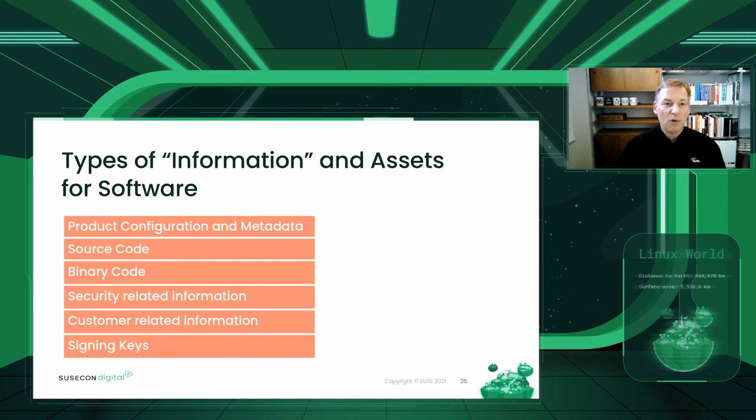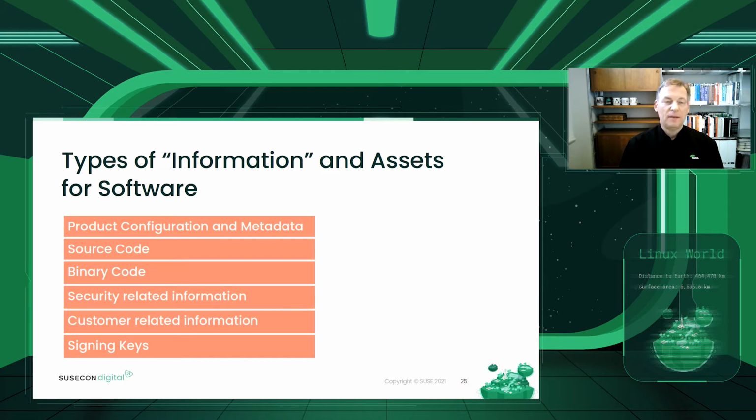However, there is more information and assets associated, like, for example, security-related information. So this can be vulnerabilities, known and unknown, specific security configuration. Here it overlaps a little bit with the product configuration. But also, for someone offering software, customer-related information is an important asset that needs to be secured against access which is not allowed.